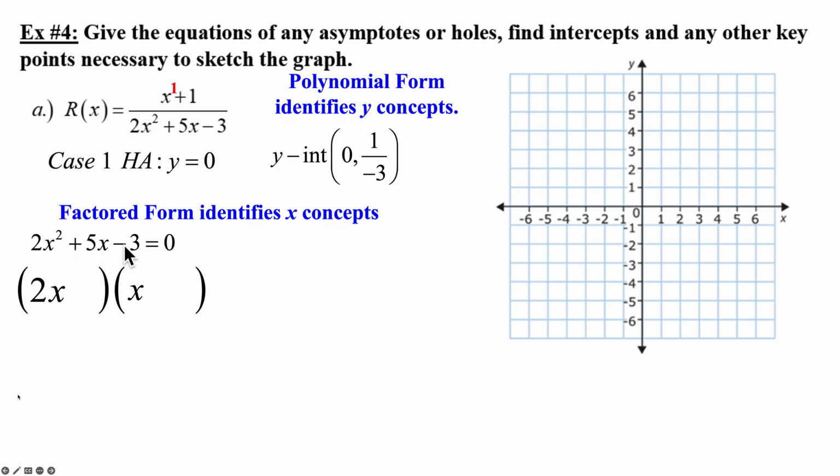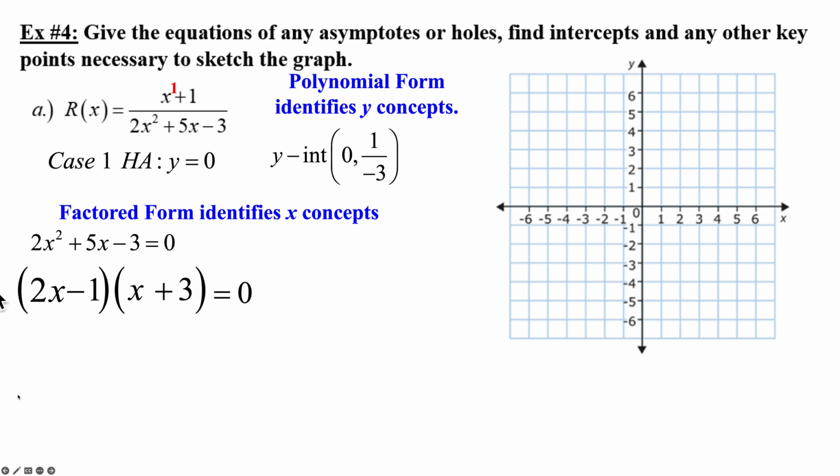So since I'm subtracting, I need a number bigger than 5. I need a 6. So 2 has to be multiplied to the 3. And it's got to be a positive 3 to give me a positive 6. And then over here will be my minus 1. And just to check that middle term, we got a positive 6x minus 1x is 5x. We're all good.